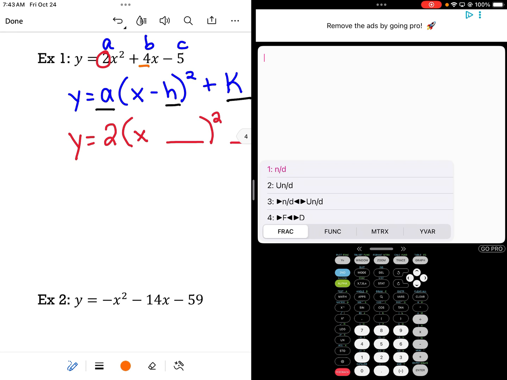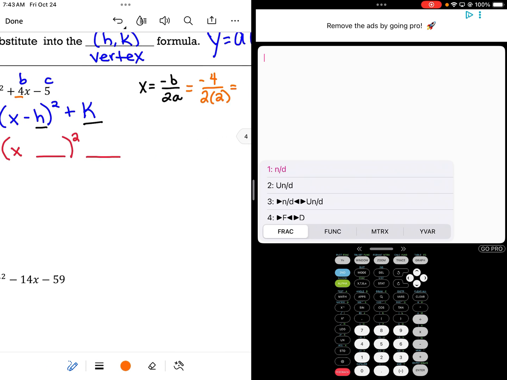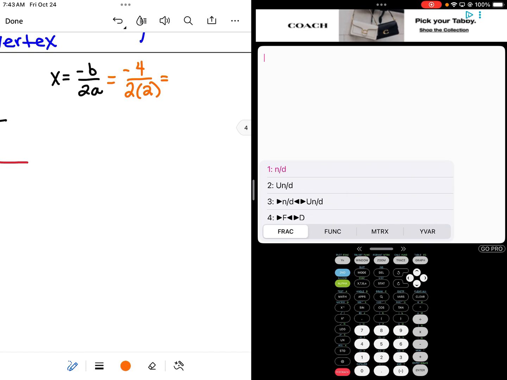When we put this in the calculator, we pick the first one, numerator over denominator, negative 4 over 2 times 2. It's negative 1. So that's the x value of our vertex.